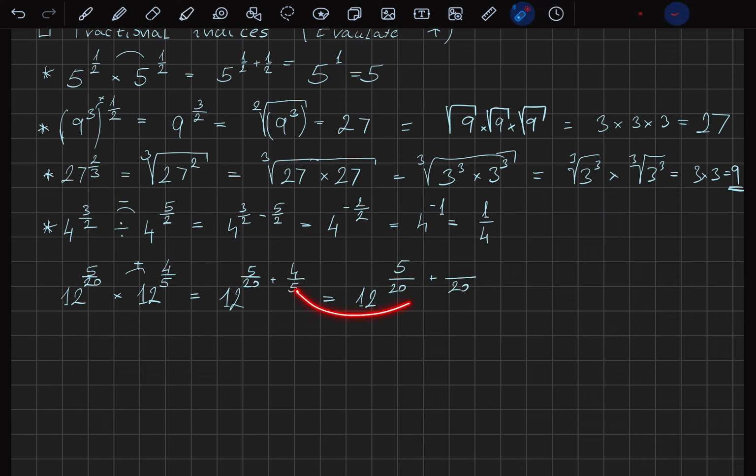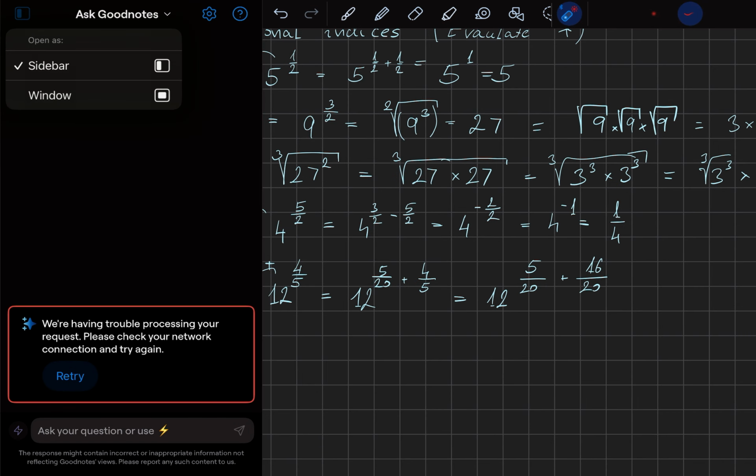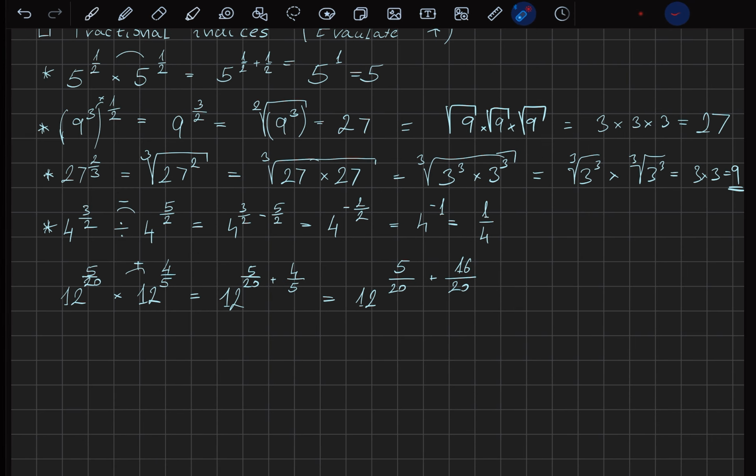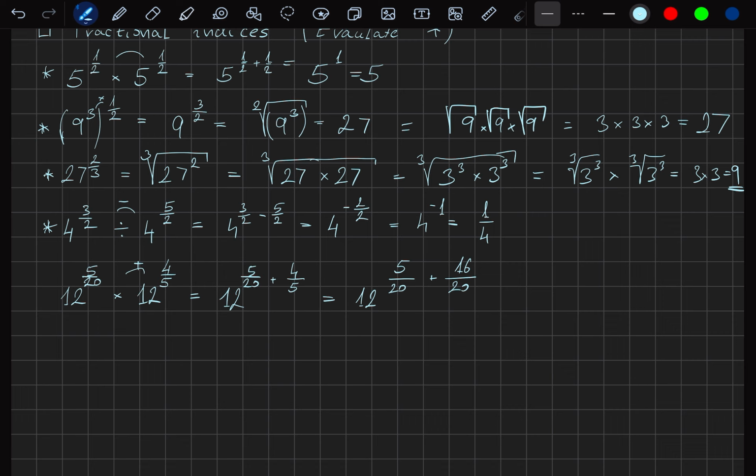And we check how many times 5 goes into 20. It's 4 times, so I multiplied by 4. I also need to multiply by 4. If we search for a common denominator, we need to find a number that we can divide by the starting numbers, the denominators, okay? Oops, sorry. No, okay. So I just add them. 12 to the power 21 over 20.